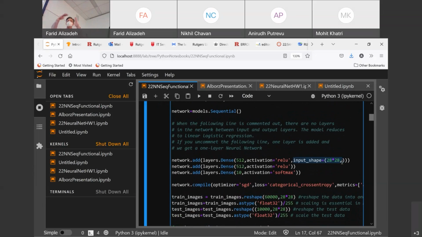Since I know my inputs are 28 by 28 pictures, and typically neural networks work with just one list of data, you can either use 28 by 28 and a layer called flatten, or turn the 28 by 28 matrix into a 28 times 28 long vector, a 784 long vector. That's what we're doing here.